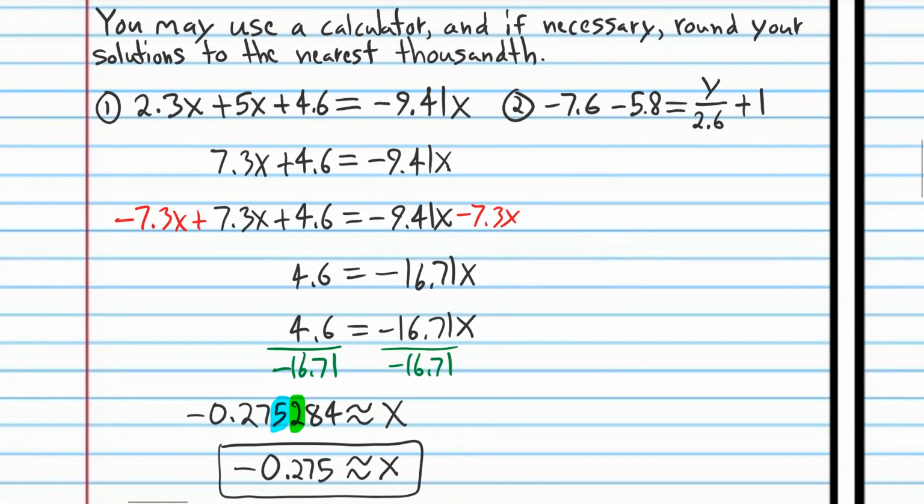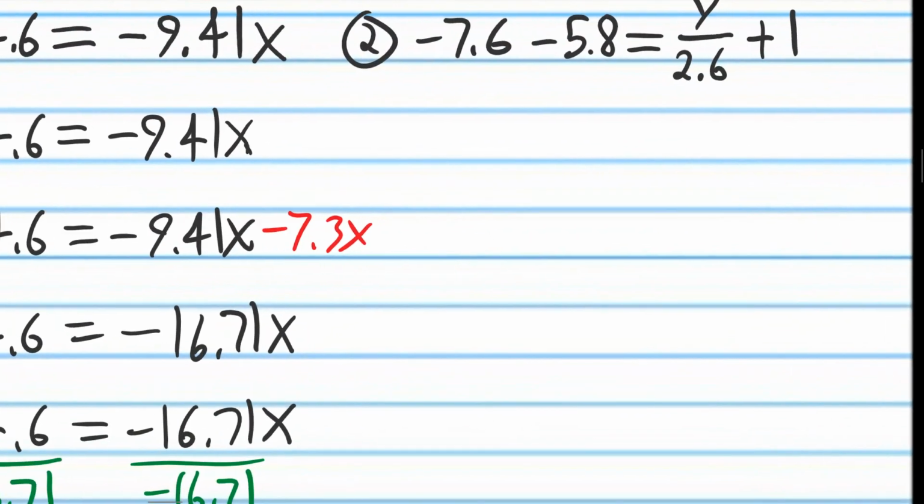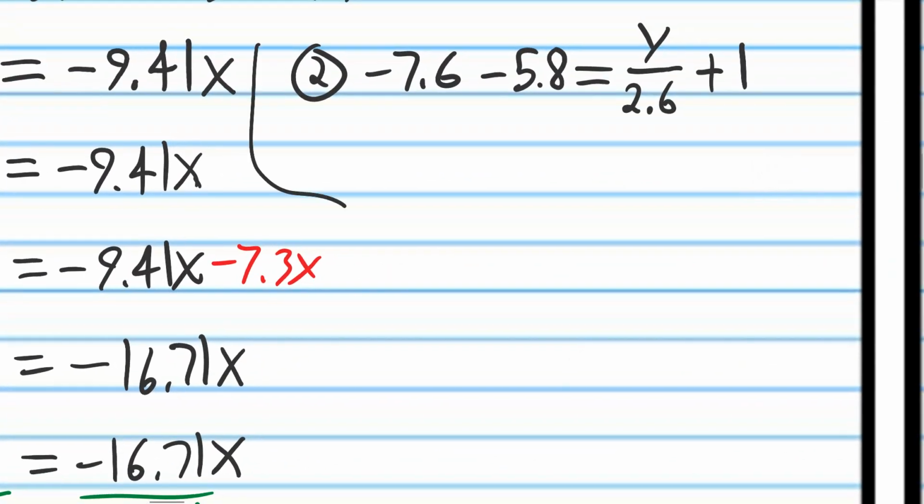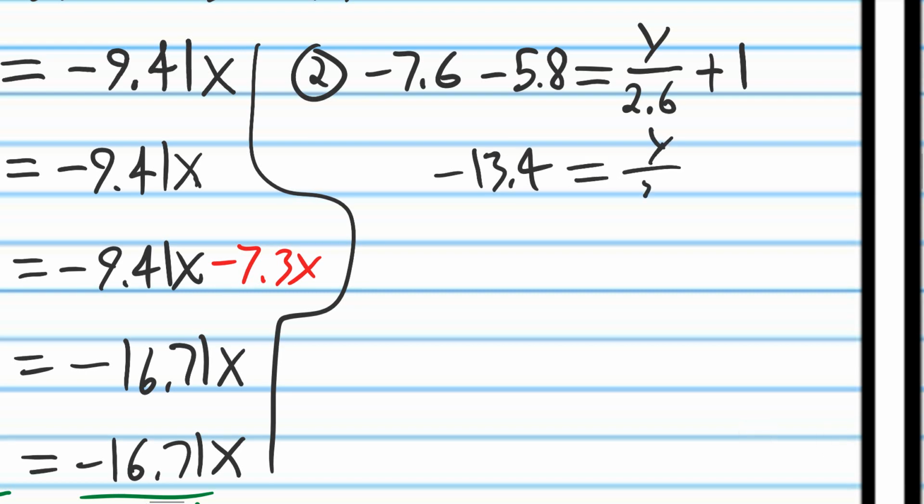All right, so let's try number 2. Put a divider there. So I'm going to use my calculator to combine those numbers on the left side of the equation, 7.6. And again, I prefer just to add the negative afterwards. I'm not going to plug in negatives to my calculator. We get negative 13.4. And now we're going to perform an operation on both sides of the equation.